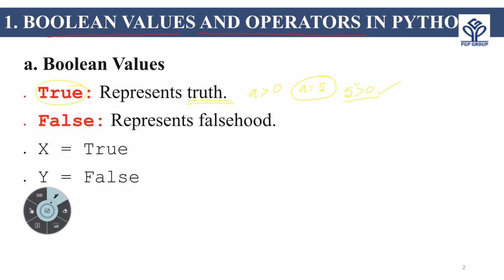True, the condition is true, so we use true. Suppose a is equal to -1, and a greater than 0 is our condition. So -1 greater than 0, is this true or false? Absolutely, this is false, so we use false. So we are assigning x is equal to true, y is equal to false.